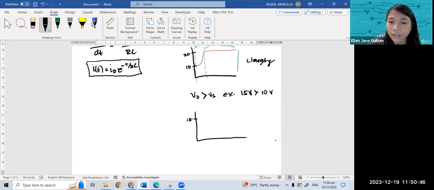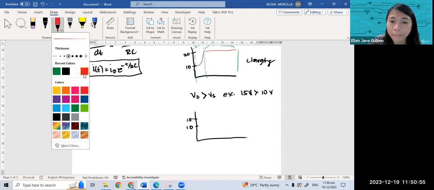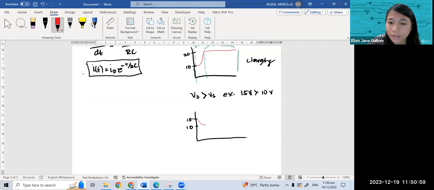We get 15, this one is 10. From here, we get discharging and then we'll maintain that one.